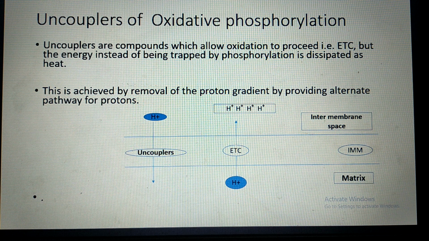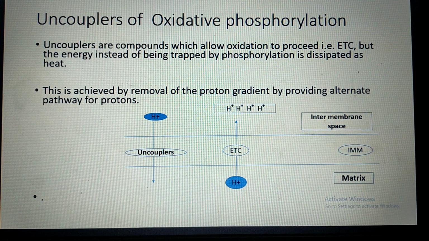In the last lecture I told you that when protons are transferred through the FO-F1 complex, only then is ATP synthesized. But these uncouplers make the inner mitochondrial membrane permeable to protons, and hence protons pass directly from the intermembranous space to the matrix, bypassing the FO-F1 complex.